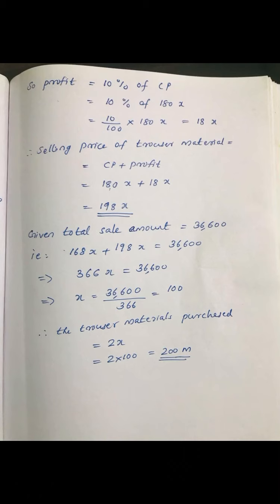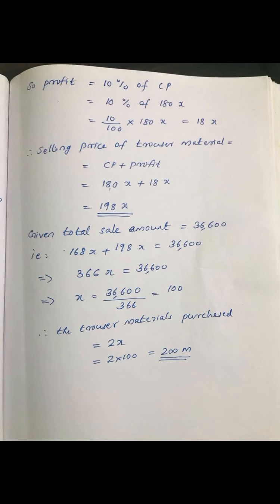That means 168x, that is the sale amount got from shirt materials. And the total sale amount got from trouser materials, that is 198x. The total is given in the question as 36,600.